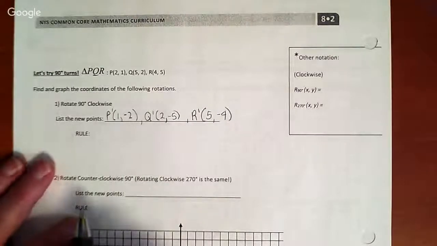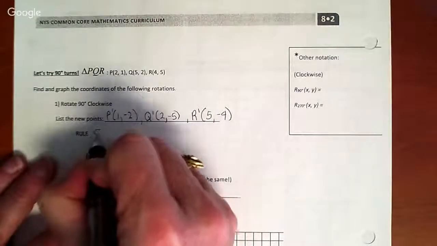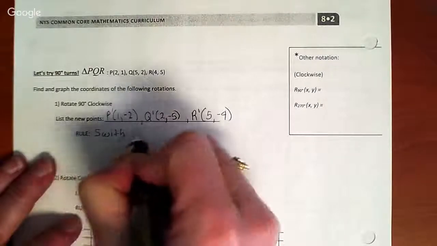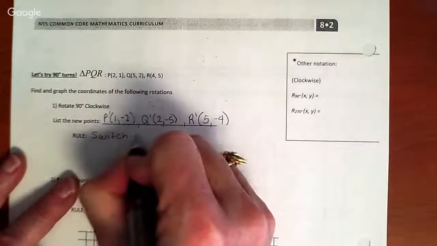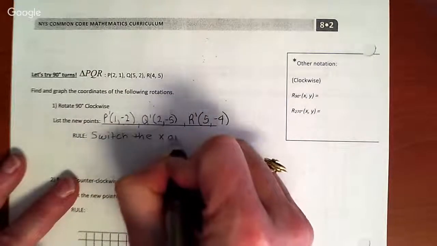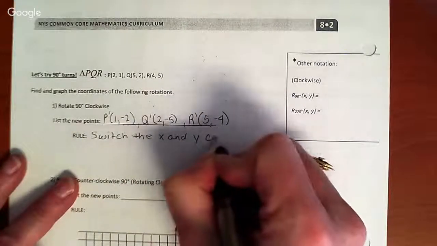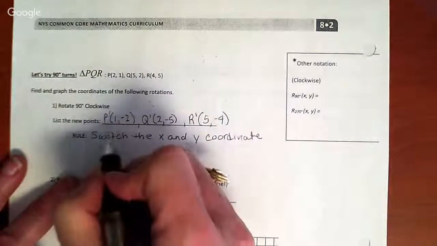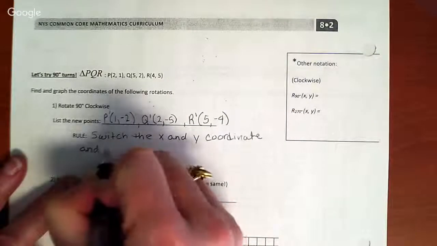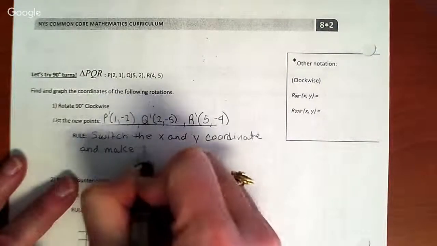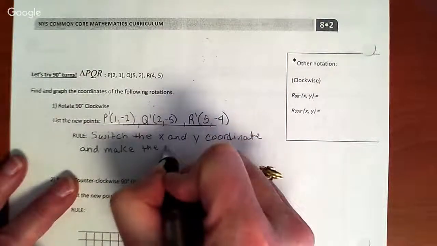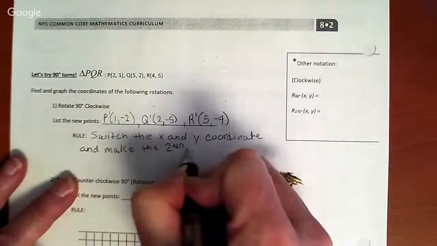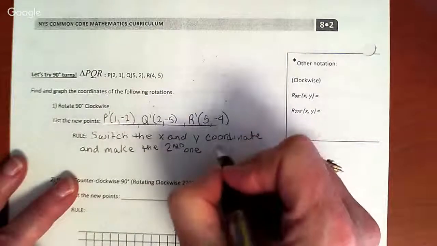Our rule: we switch the X and Y coordinate and make the second one opposite.